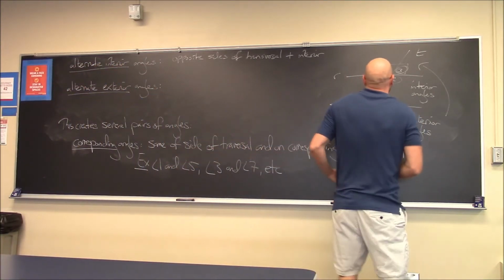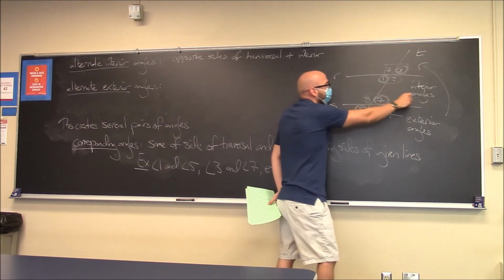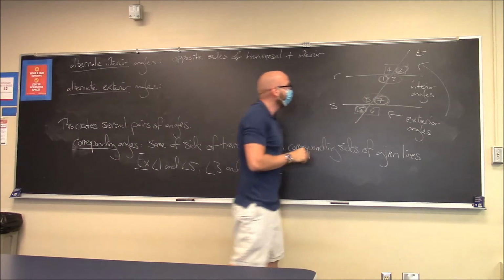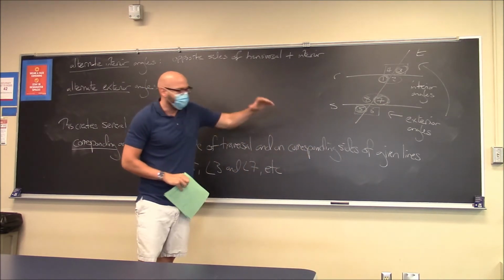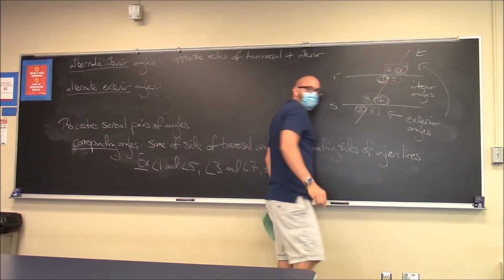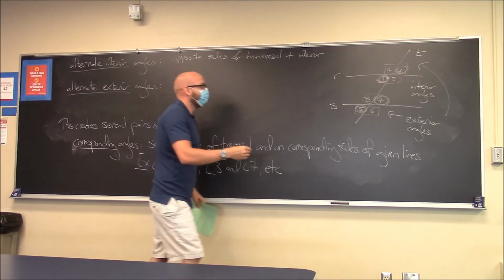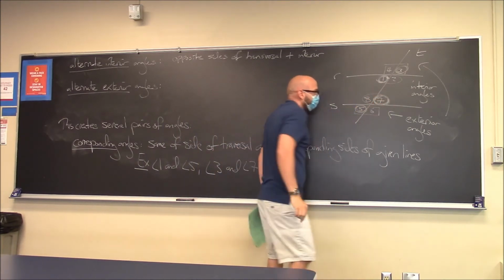So I'm looking for interior angles, which are 1, 2, 8, and 7, and that are also on opposite sides of the transversal. So if I choose 1, for example, the paired up angle with that would have to be interior and on the opposite side of the transversal.